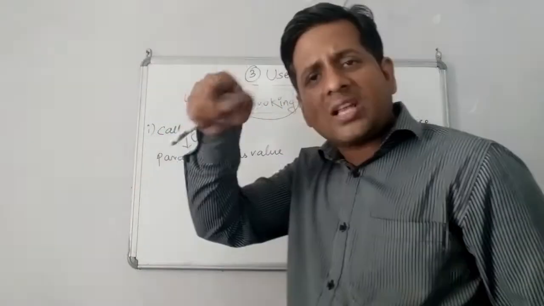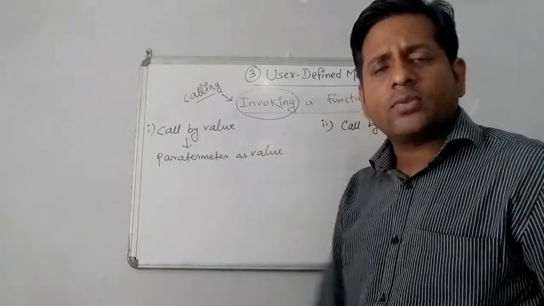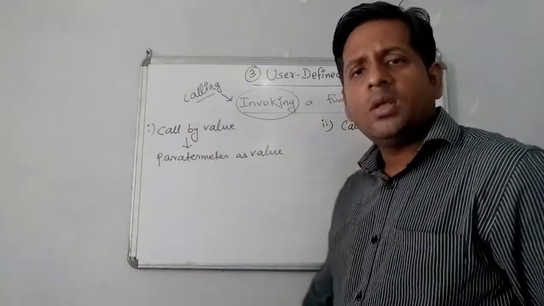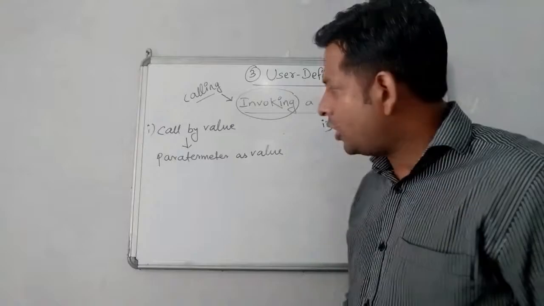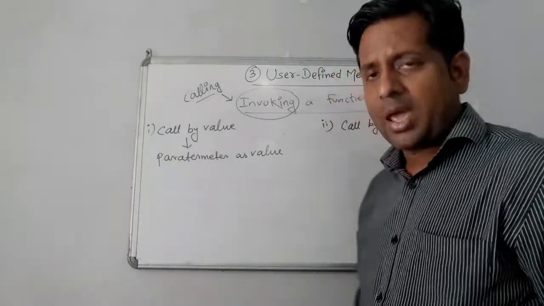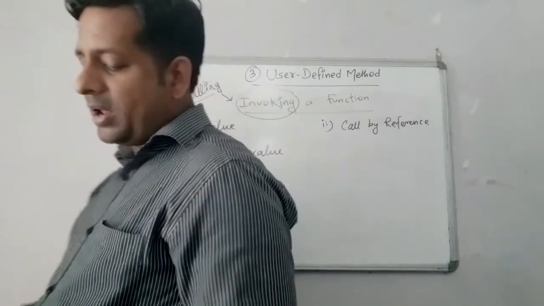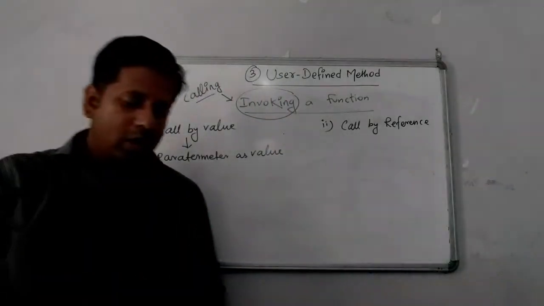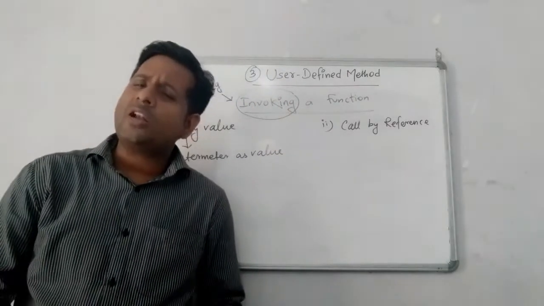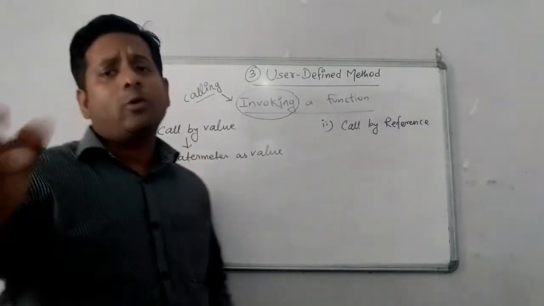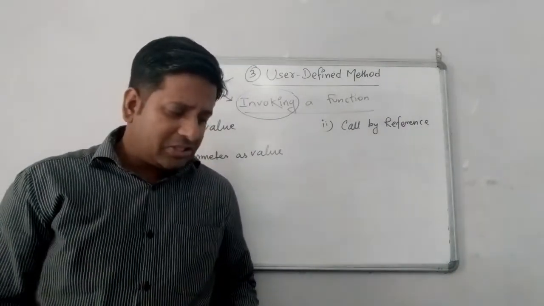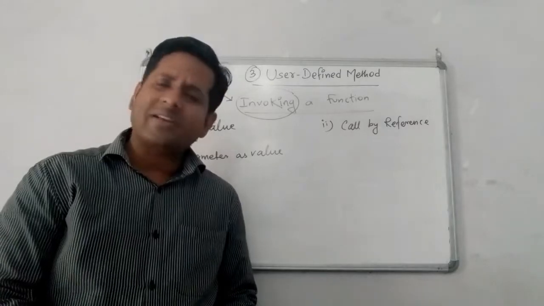Parameter means, you know children, last time I told, inside the bracket of the functions, that is known as parameter. When the method is called by its parameter as value, that is known as call by value. So in call by value, directly we can call with the help of value, but we have to use parameter. Secondly children, we have call by reference.